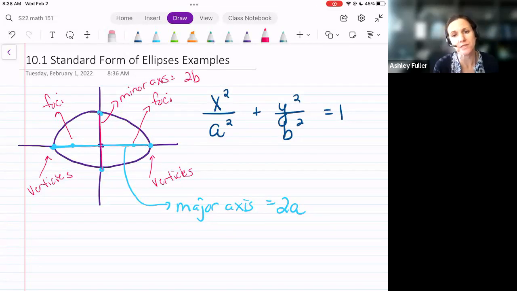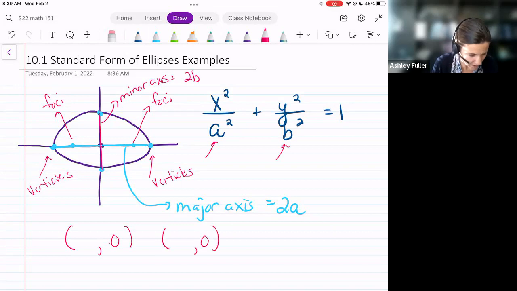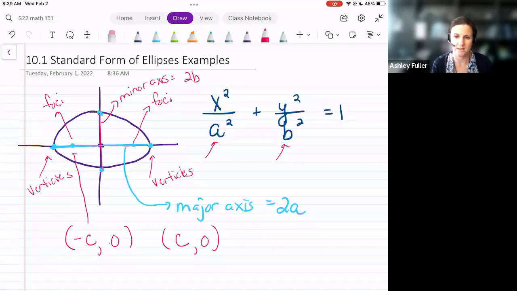So if you know those distances, you can determine these values. The foci, in this case, notice that the y value is 0 on both of those foci, and those foci occur at (-c, 0) and (c, 0).